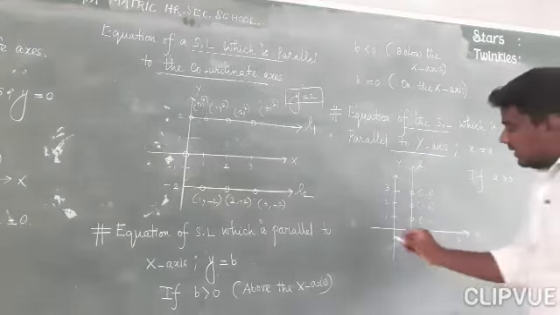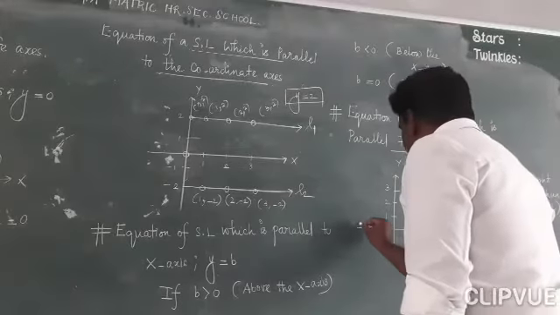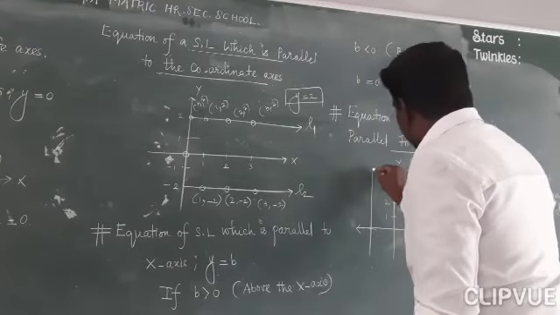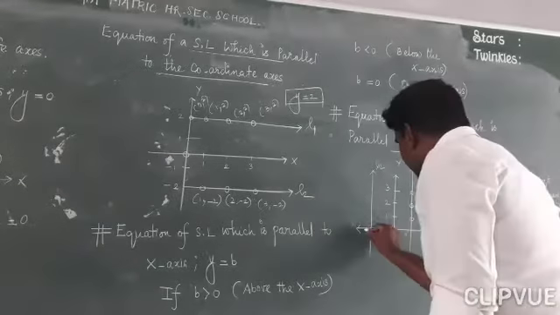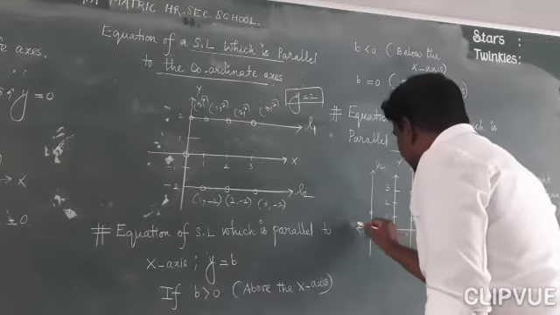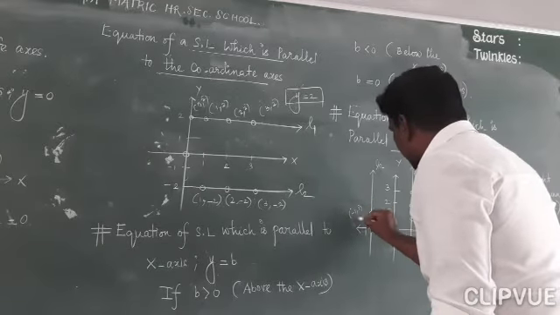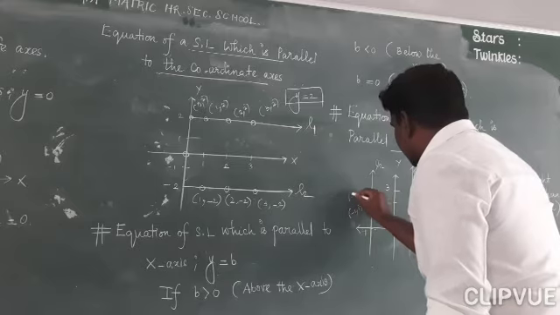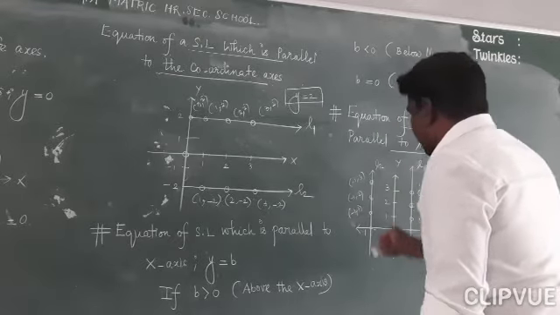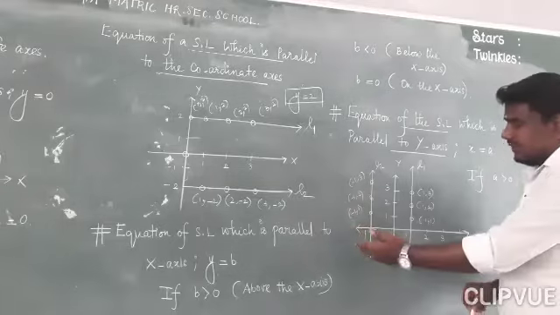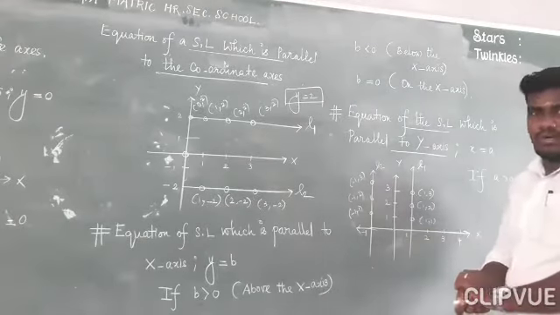This is L1. You can take L2 here. L2 means this is 1. So actually (-1, 1), (-1, 2), (-1, 3). Here x is a constant. So the constant is minus 1.